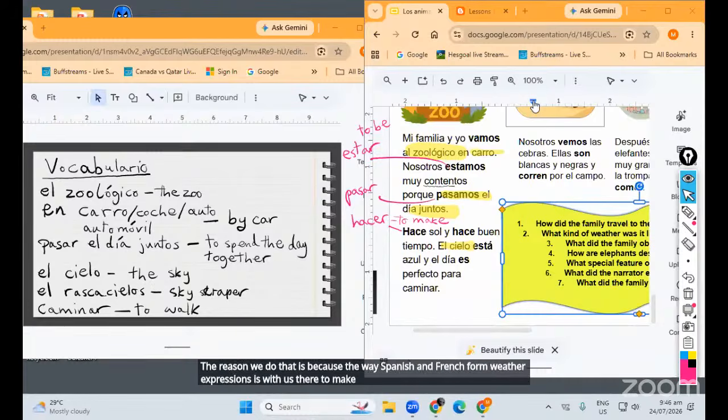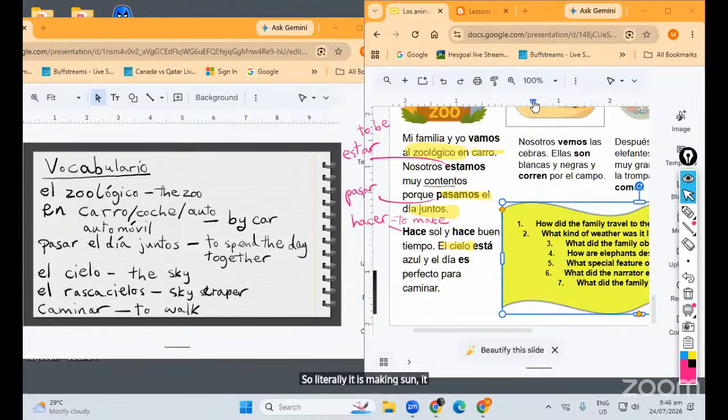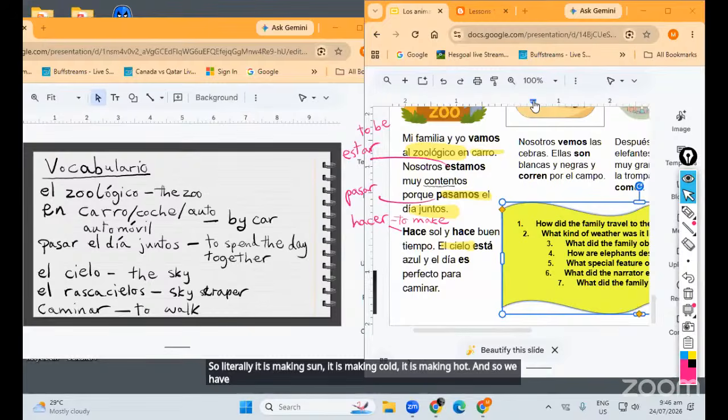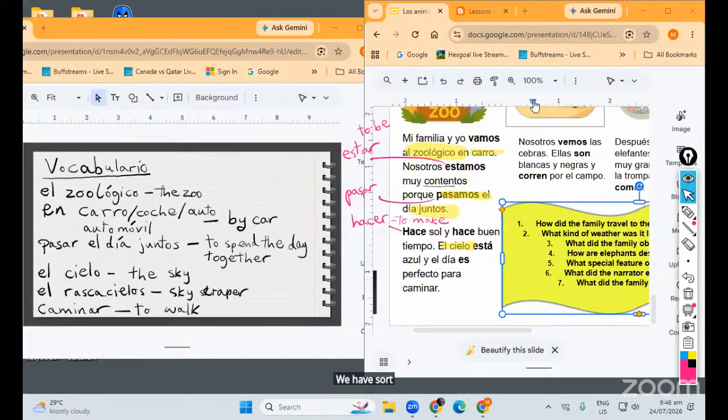So literally it is making sun, it is making cold, it is making hot. And so we have sort of kept that speech pattern, that language pattern. Yes, that's true. To do, as Sarah was, to make, to do. Yeah, all right, to do.